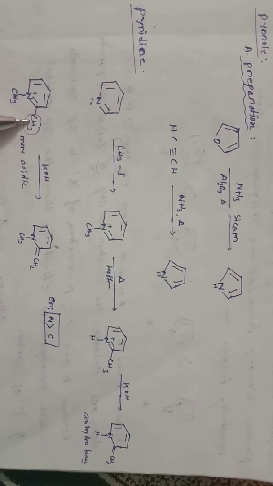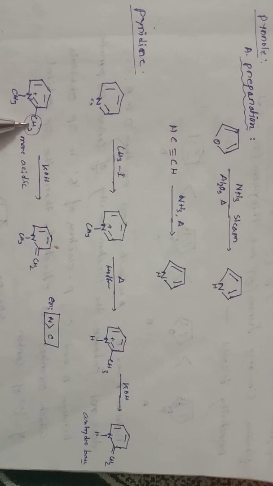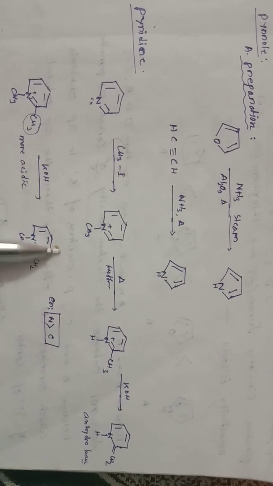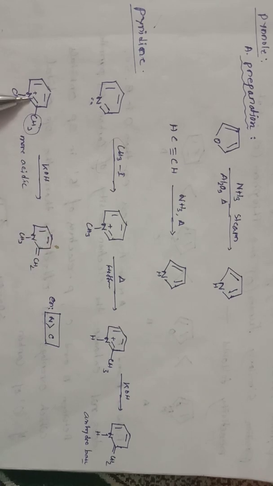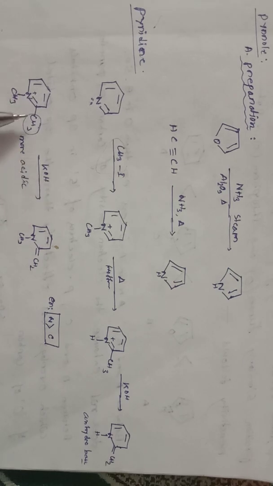Why? Because this is more acidic, and that's why we also get this anhydrobase. This is because the electronegativity of nitrogen is greater than carbon, so OH minus easily abstracts a proton from this methyl group rather than this methyl group.